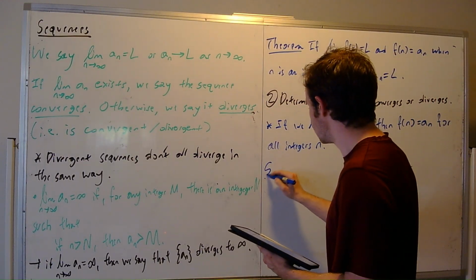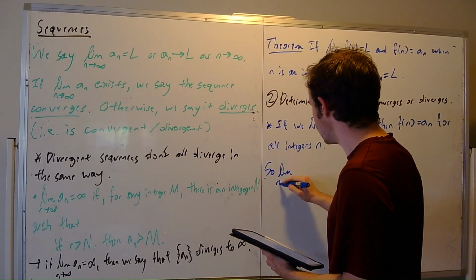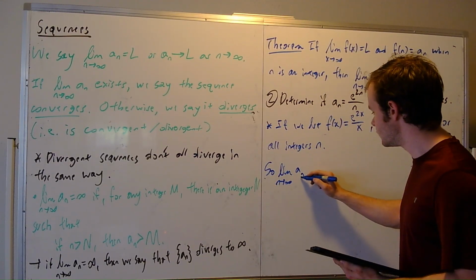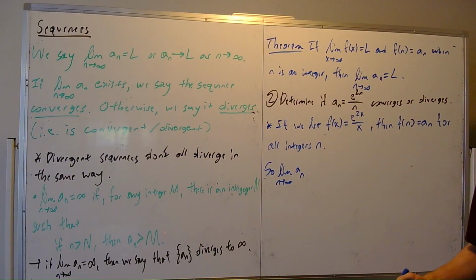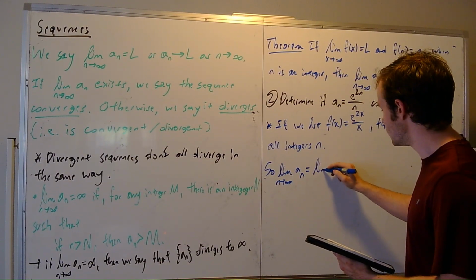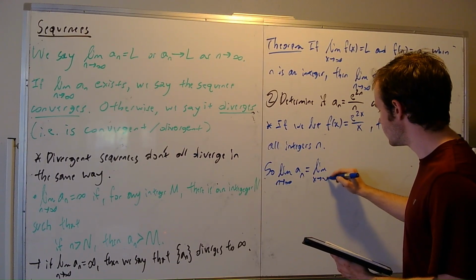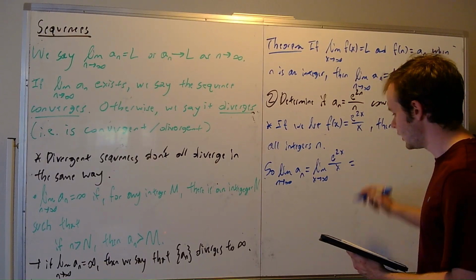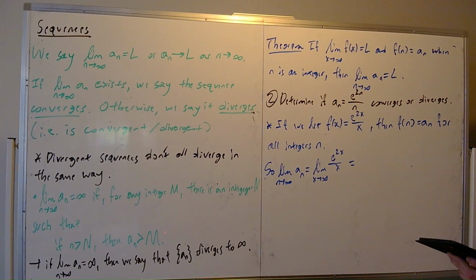So the limit as n goes to infinity of our entries a_n, that's what we're interested in finding to see whether our sequence is convergent or divergent. We said we replace that with the x's. So the limit as x goes to infinity of e to the 2x over x, and now we can just solve our limit normally.